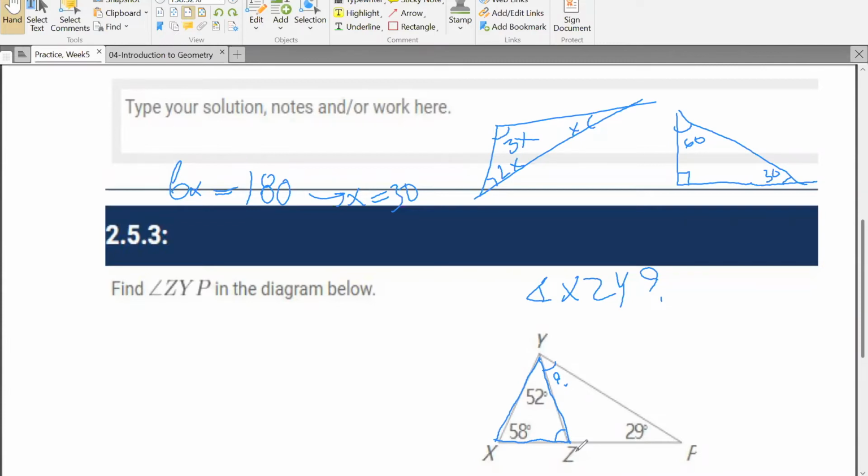But how can we find the angle ZYX, given the fact that, yeah, so ZYP. Okay, I see. Oh yeah. Thank you for that. So it seems that you've tried to solve it, but can someone tell me what is angle XZY?